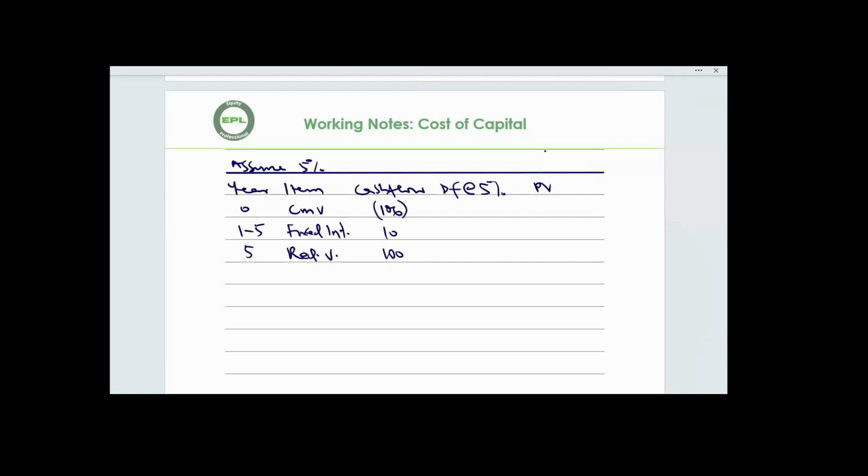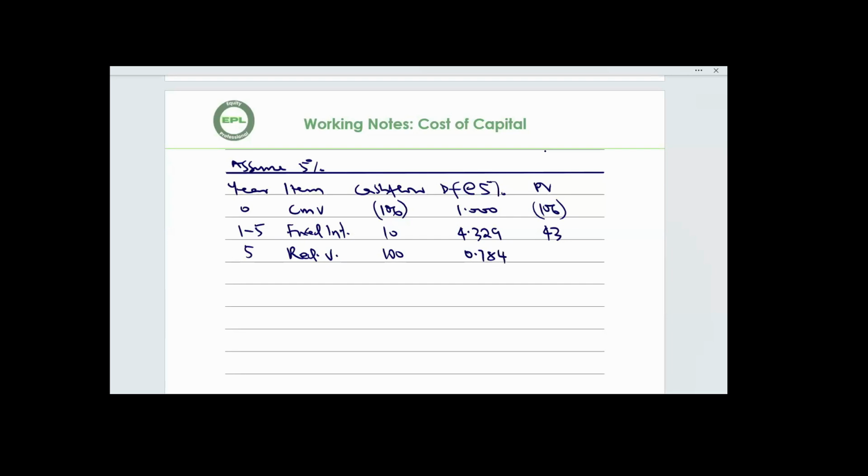Somebody should give me the annuity factor of year 1 to 5 at 5%. 4.329. 4.329 multiplied by 10, rounding, will give us 43. Now, the discount factor at 5% for year 5 will give us 0.784.